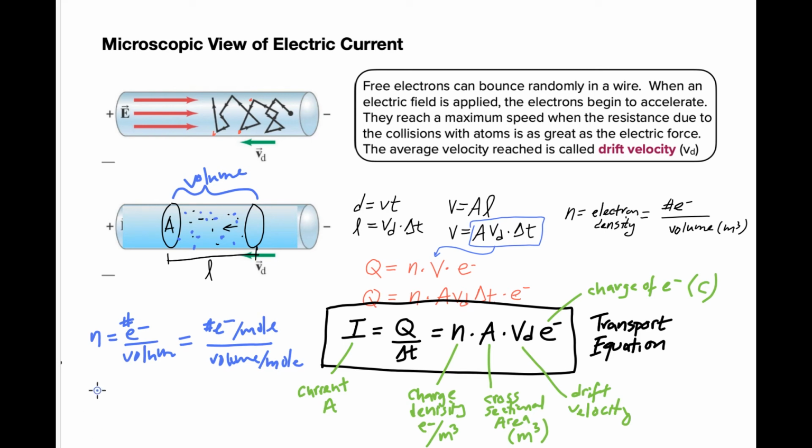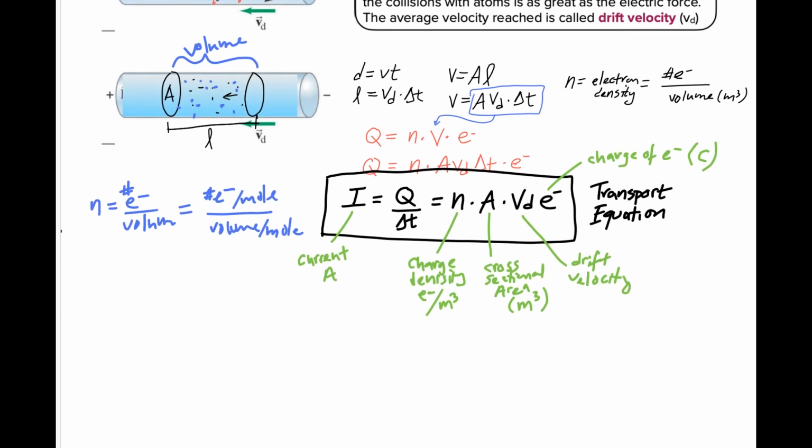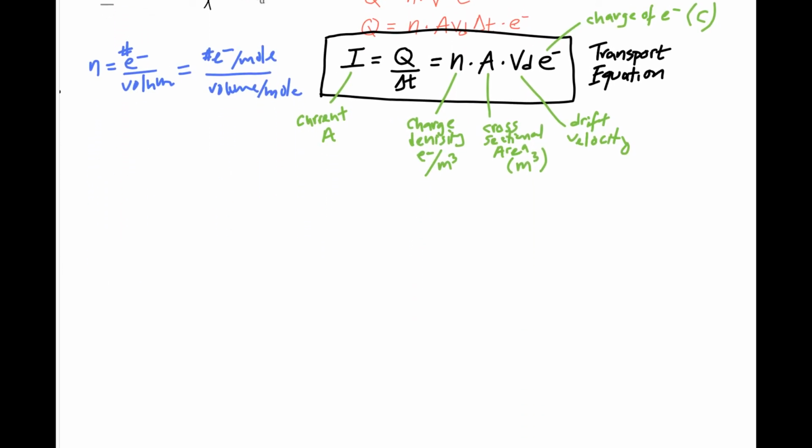So let me scroll, and we're going to try to do that. Okay, so let me move this up. And let's see what we can do about this. So let me restate that here. Our electron density, we're going to do by knowing how many electrons there are per mole.